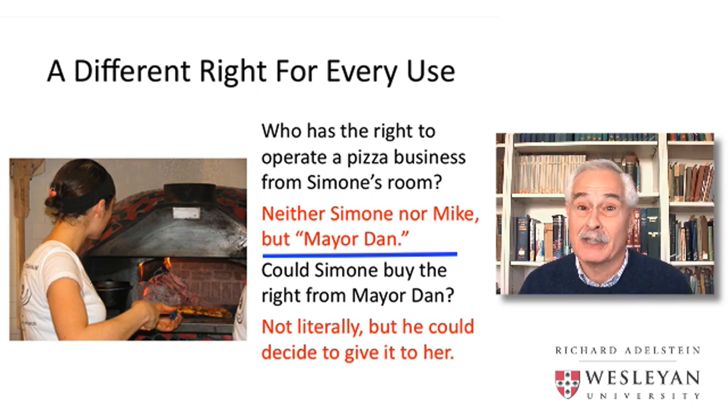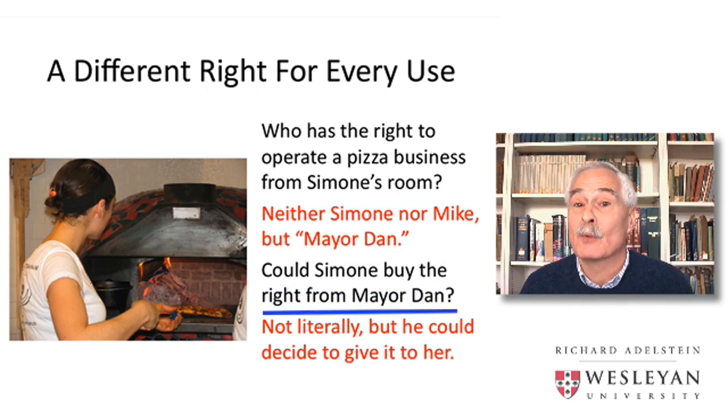Since the Planning and Zoning Commission has the say-so over whether or not Simone can operate a pizza business in her room, we say that it is the property right holder of the property right to operate the pizza business in Simone's room. Could Simone buy the right from Mayor Dan and thus open a pizza parlor in her room?